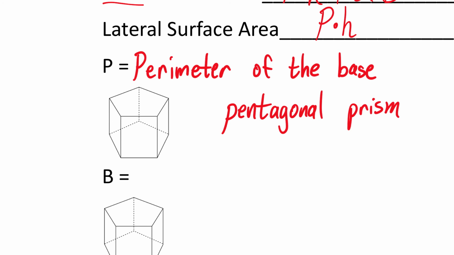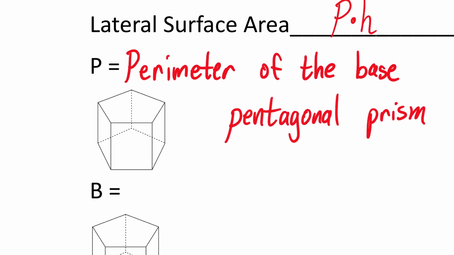So if I'm looking for the perimeter of the base, what I'm looking for the perimeter of is this pentagon. So I'm going to add up all 5 of these sides. So I would add up all 5 sides to get the perimeter.